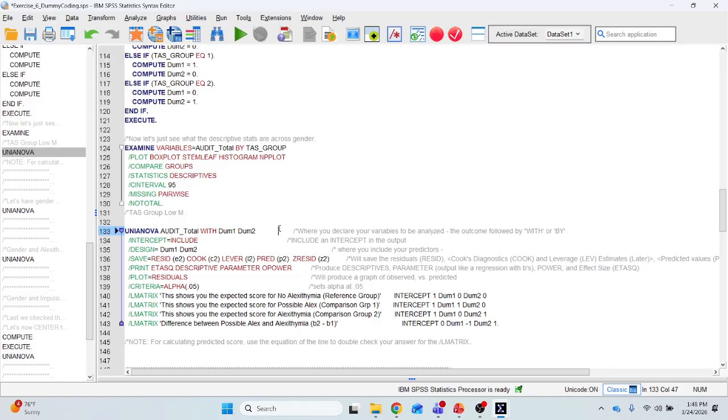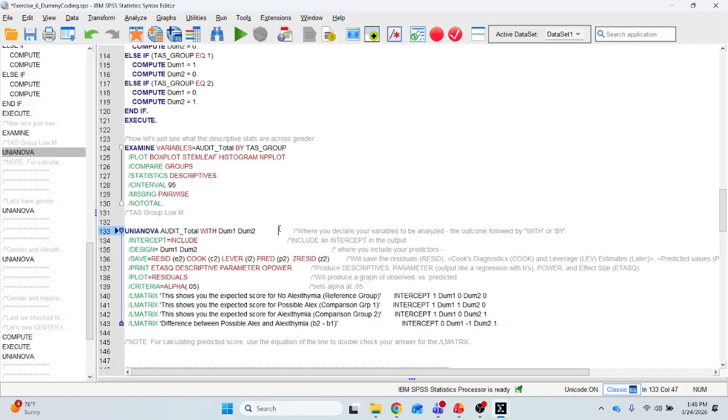The first dummy code is a comparison between possible alexithymia versus no alexithymia, correct? The second dummy code is a comparison between severe alexithymia and no alexithymia. What about the comparison between severe alexithymia and possible alexithymia? We don't have that. That is where you will get that.